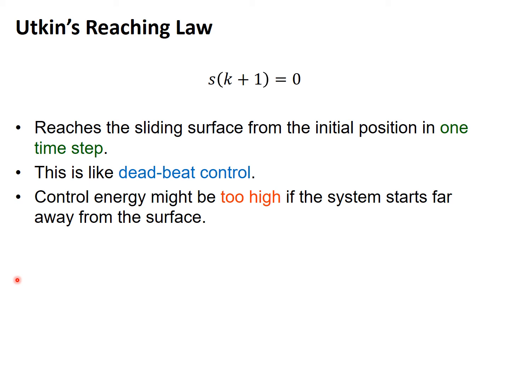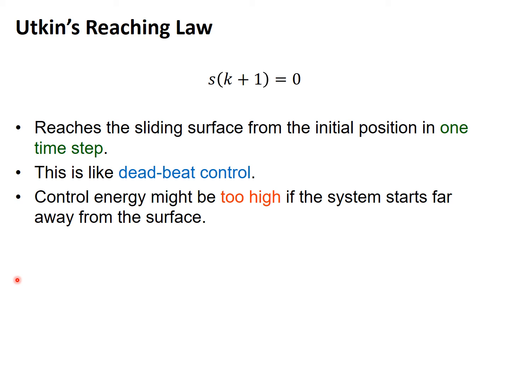So what has Utkin done? Utkin has forcefully made the next step of my sliding variable 0. That's all. Whatever is the reaching law, s(k) equals some function of the states, you do s(k+1).